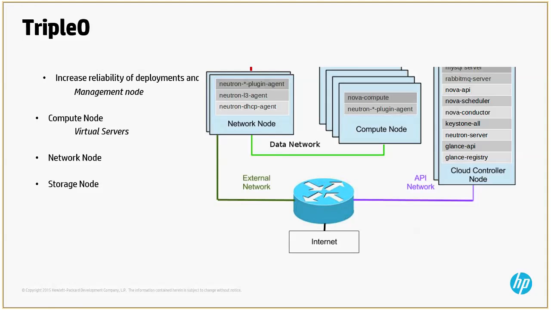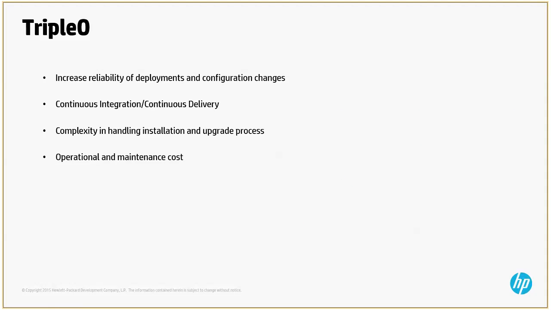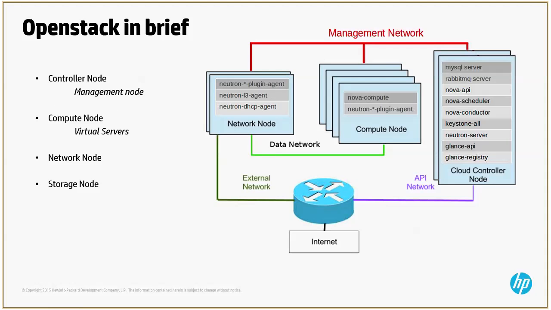Maybe I'll just show what the Undercloud and Overcloud are. We'll just see the advantages of TripleO. TripleO increases the reliability of deployment and configuration changes. As in the previous diagram, each network node and each compute node is to be deployed.